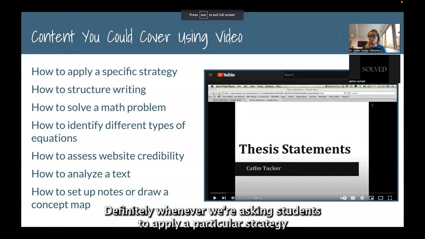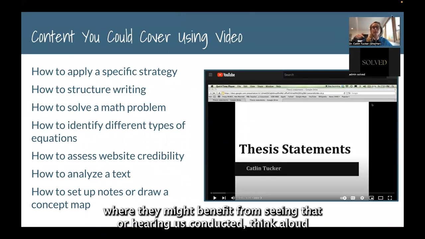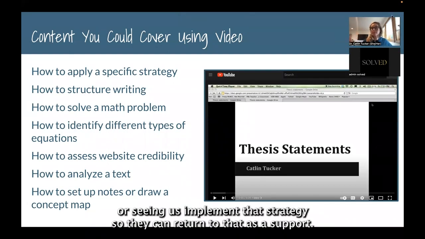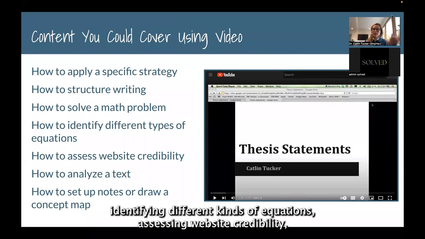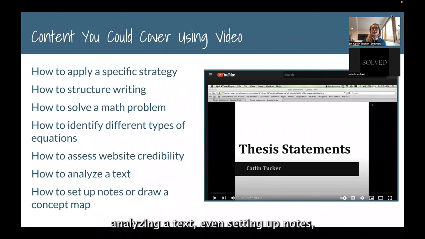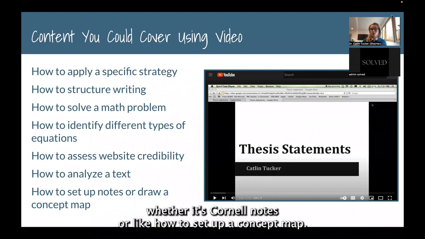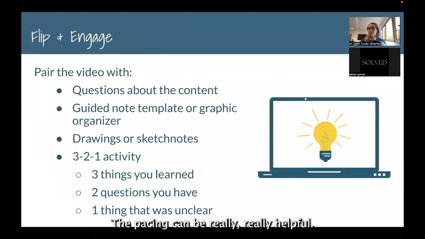Definitely, whenever we're asking students to apply a particular strategy where they might benefit from seeing or hearing us conduct a think aloud, or seeing us implement that strategy so they can return to that as a support: how to structure a particular part of writing, how to solve a particular type of math problem, identifying different kinds of equations, assessing website credibility and the questions they should be asking when they do online research, analyzing a text, even setting up notes, whether it's Cornell notes or how to set up a concept map. Anything that you feel would be helpful for students to have a high degree of control over the pacing can be really helpful.